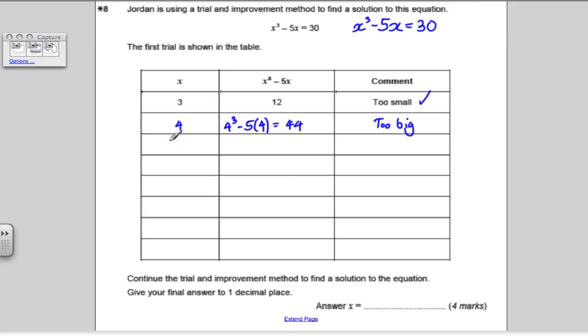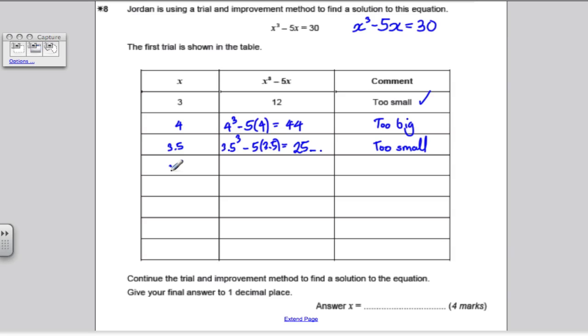So let's go halfway in between. Let's try 3.5. So on your calculator, work out 3.5 cubed minus 5 times 3.5 and see what you get. You get the answer 25 point something. Okay, and that's too small.